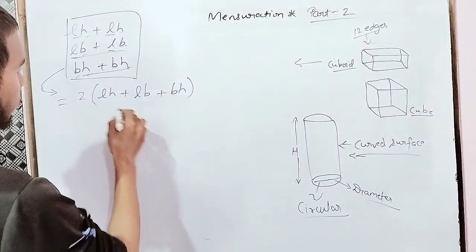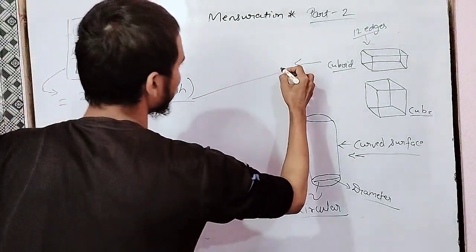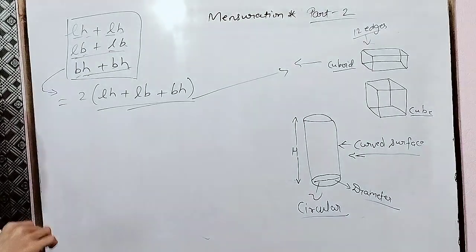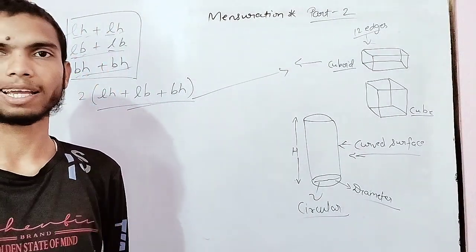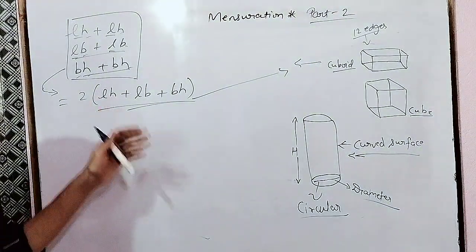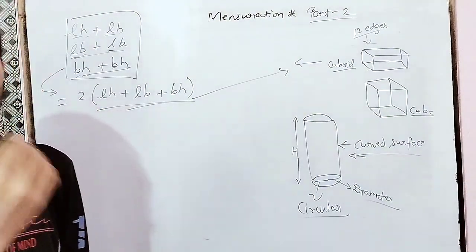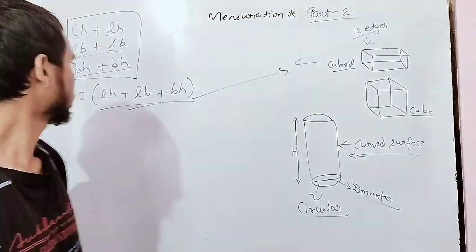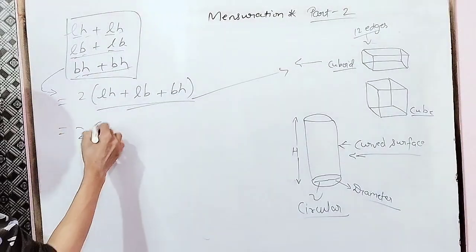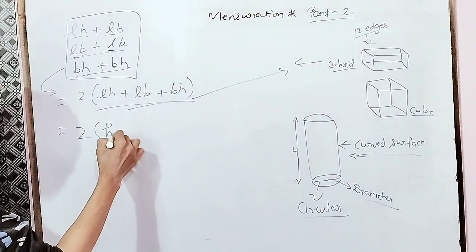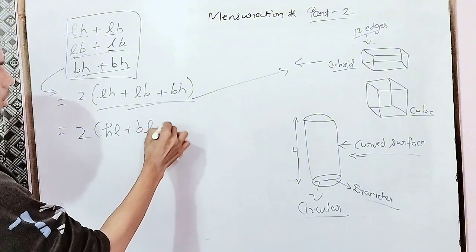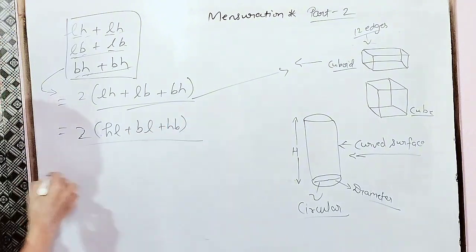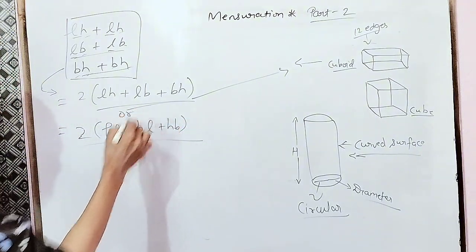This is our formula to find out the area of a cube. Remember, 2 into LB, BH, HL, whatever. So you can write 2 HL, BH, HB.